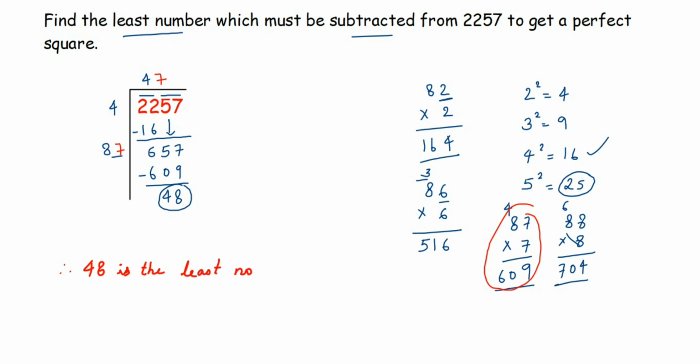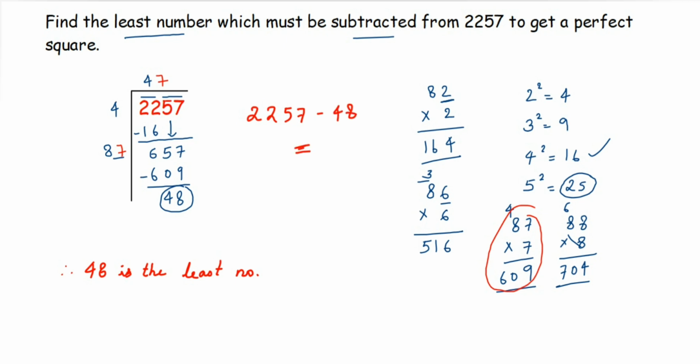So when we subtract it, we'll get 2257 minus 48, which is 2209. Now this is a perfect square number. The square root of 2209 is 47. It is the same as the number we obtained in the quotient.